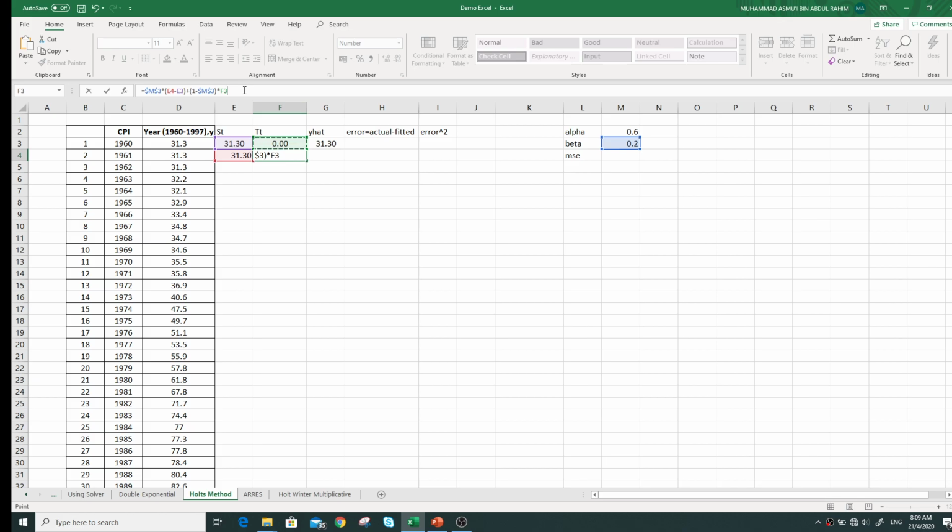So the previous estimated value, and then you enter.